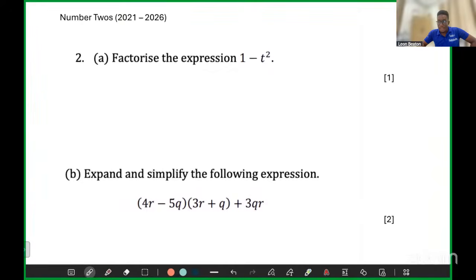There are mainly three ways that you can factorize a quadratic: the difference of two squares, the AC method, and the distributive law method. We also have perfect square, but you can use the AC method to factorize that as well. So we are asked to factorize this.